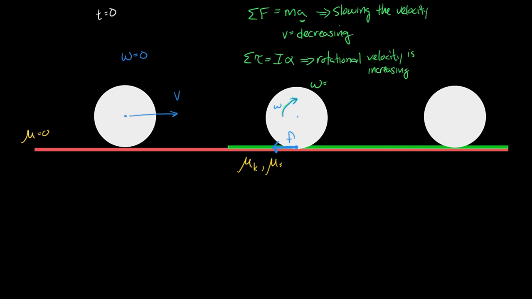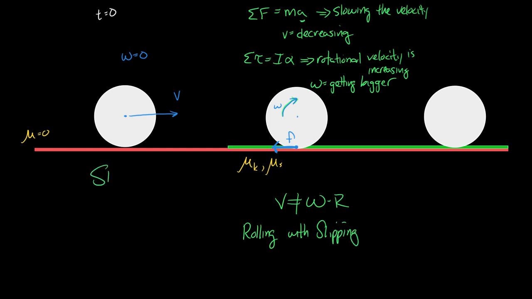So omega getting bigger. However, during this moment, v does not equal omega times r. Can't count on that. They're not related yet. This is rolling with slipping. Well, this is just plain old sliding.